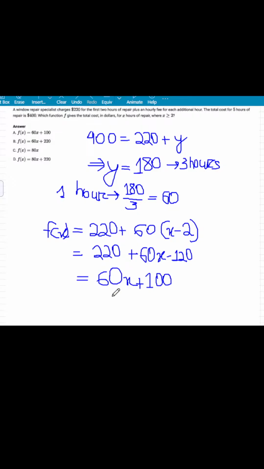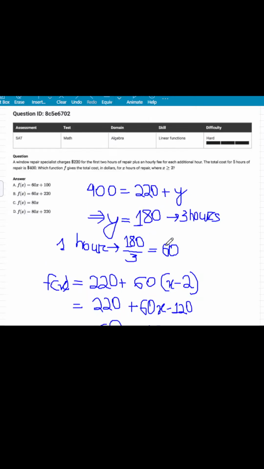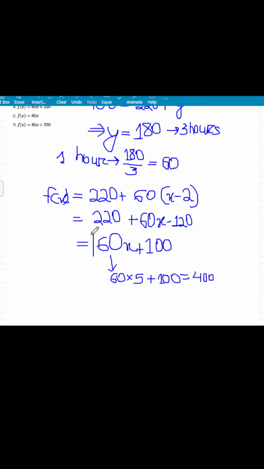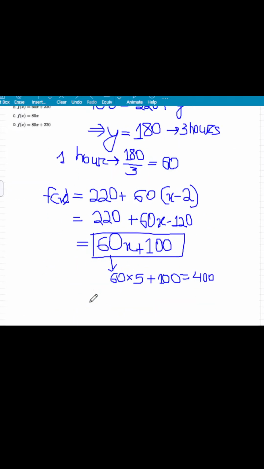For 5 hours it will be 60 multiplied by 5 plus 100, and that will be 400. Okay, that is matching the given cost for 5 hours. So this is the correct function, 60x plus 100. The correct answer is A, f of x equal to 60x plus 100, where x is the total number of hours of repair and f of x is the cost of the total repair.